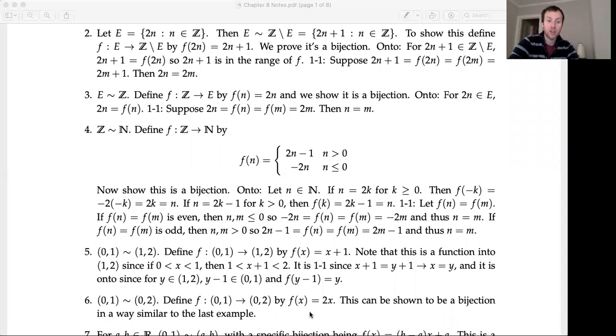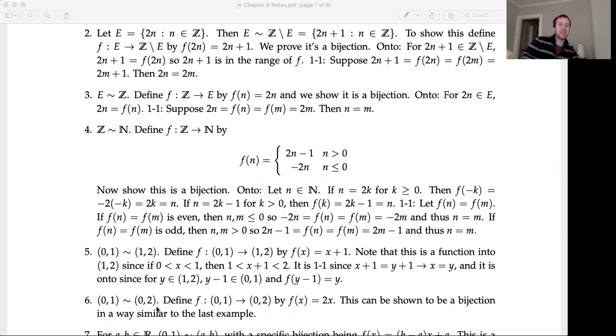So this is a bijection, but now we're saying that this interval of length 1 has the same size as this interval of length 2, which is again counterintuitive because this is longer, it should have more things in it.